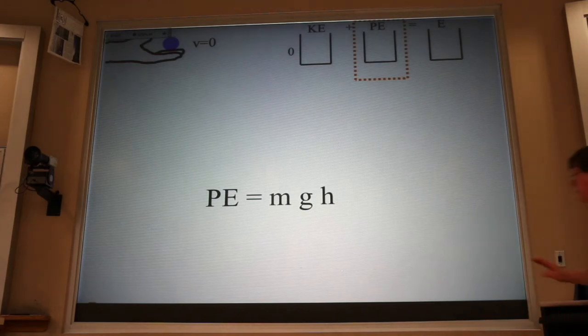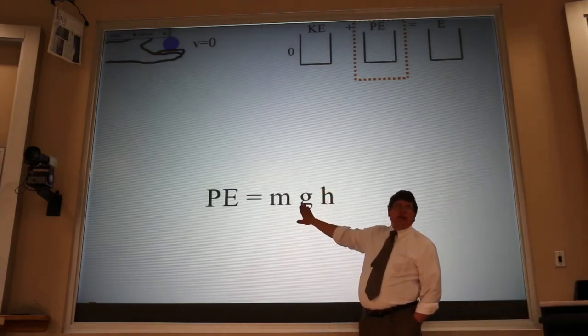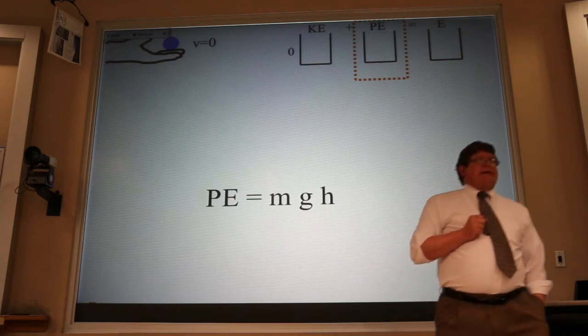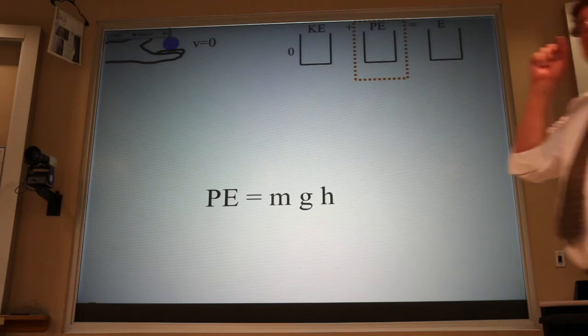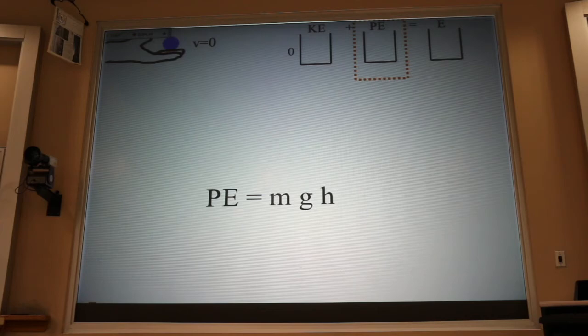Now, I know that this is 1 kilogram for the ball. G is 9.8, we're going to call it 10 newtons for each kilogram. It's this H that we need to deal with. And that H requires a coordinate system. Now, when you wake up in the morning, you have a right to choose your own coordinate system. But there are some coordinate systems that are easier to use than others.